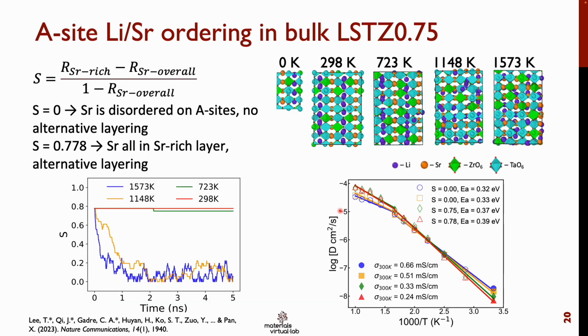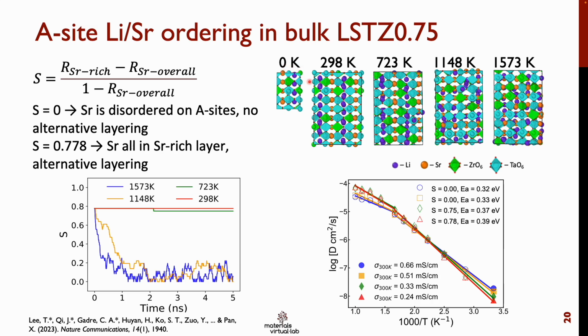So with this moment tensor potential, we first study the ordering in the bulk LSTZ 0.75 structures. This ordering is defined by this function to describe the A-site alternate stacking.